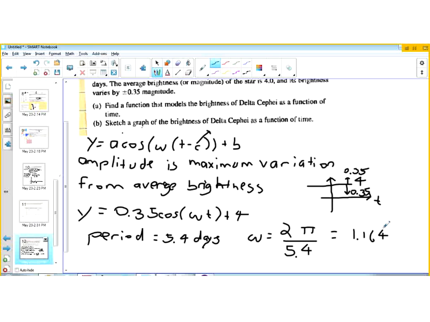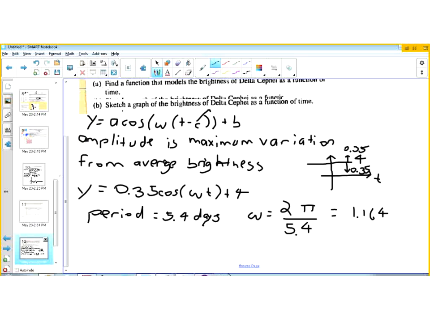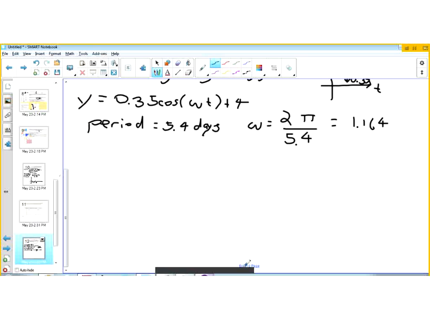Okay, and so why is there no horizontal shift? So let me write down why there's no horizontal shift.